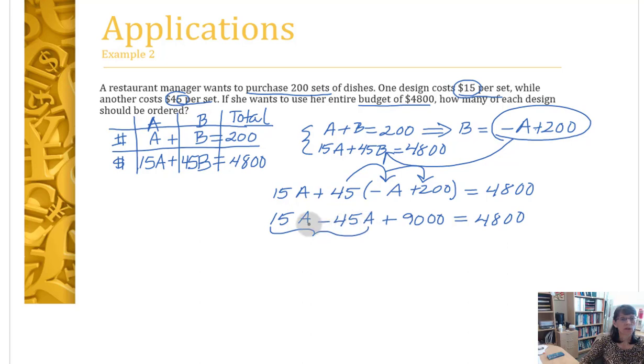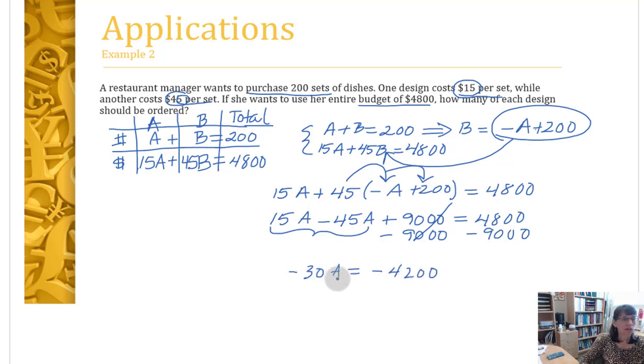These two terms are variable terms in A, so those are like terms. And notice that 9,000 is not a variable, so we'll need to subtract 9,000 from each side of our equation. When I combine 15A minus 45A, I'll have negative 30A on the left side of the equation, and 4,800 minus 9,000 gives negative 4,200.